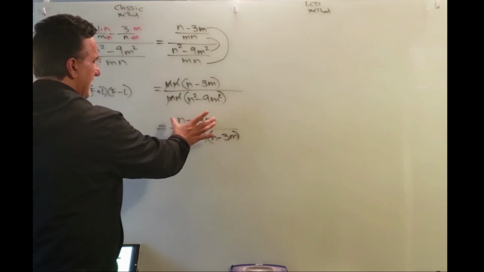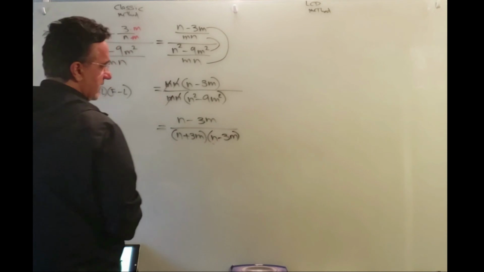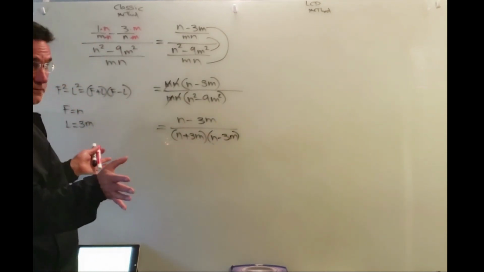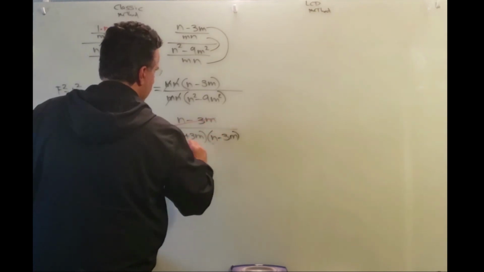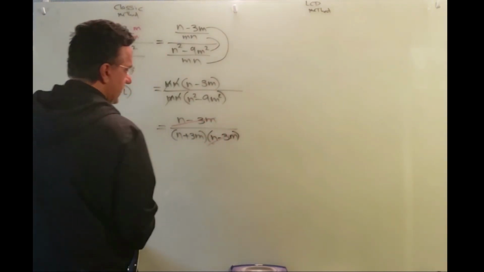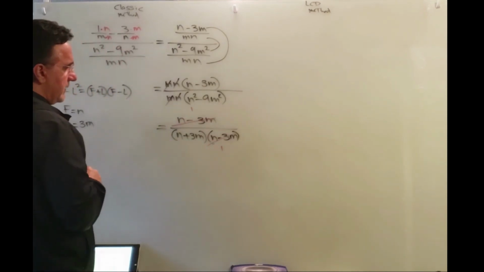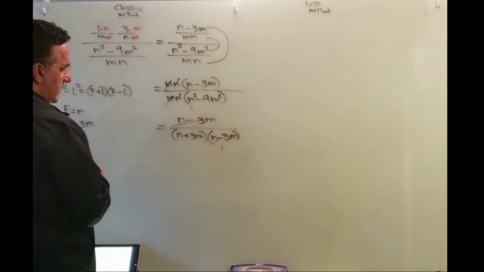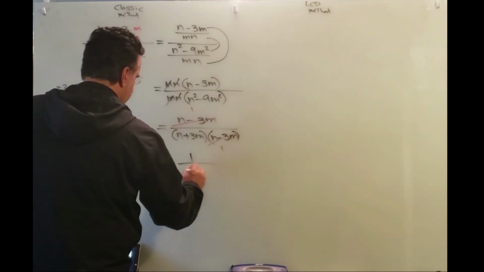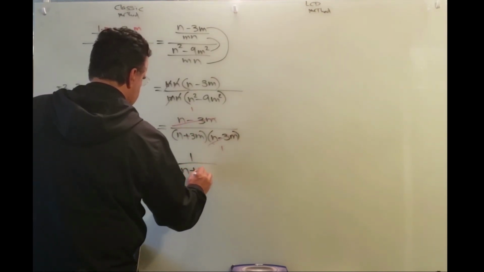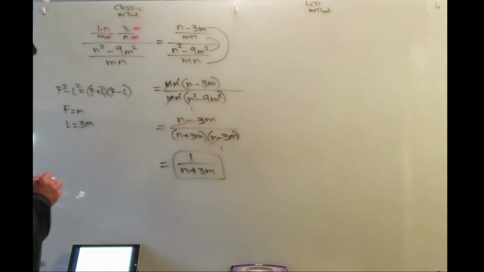I'm going to cancel the entire binomial factor here with this entire binomial factor. That's a perfectly legal cancellation. So I can cancel that entire binomial factor with that entire binomial factor, leaving me 1 and 1, right? So finally, we're ready to write the final answer, which is going to be 1 over n plus 3m. And that's all we can do to simplify this.